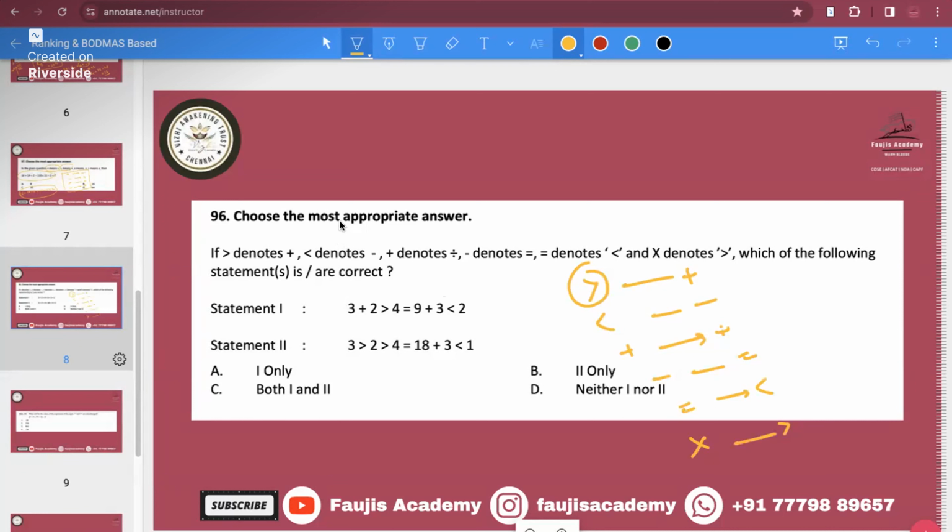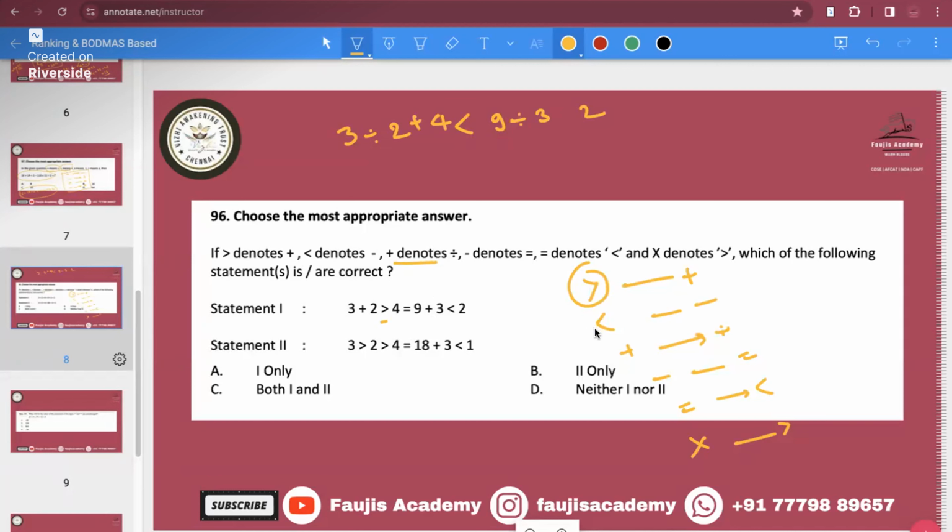So let's pick up statement 1. So 3, 2, 4, 9, 3, 2. So plus needs to be replaced with division. Then this sign needs to be replaced with plus. Equal to sign needs to be replaced with this one. 9. Then plus needs to be replaced with this one.